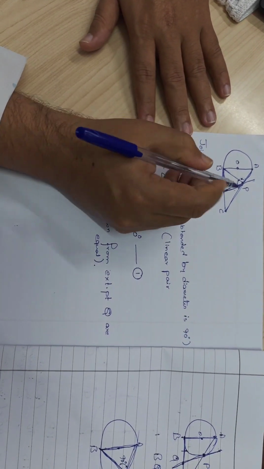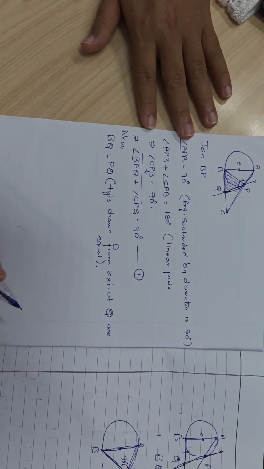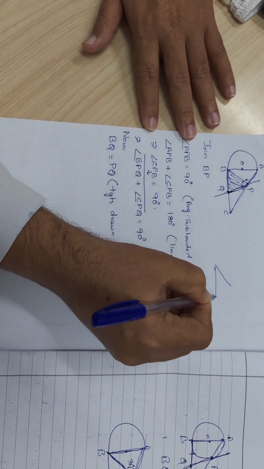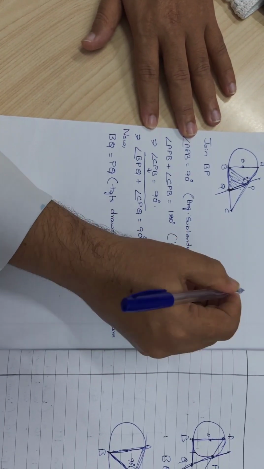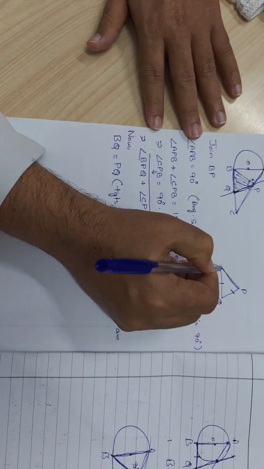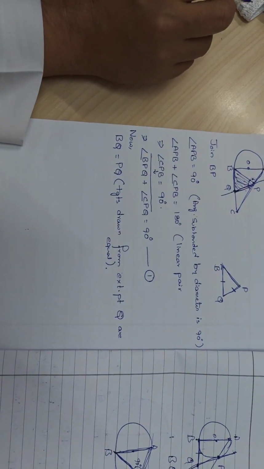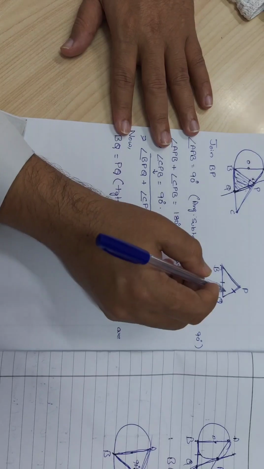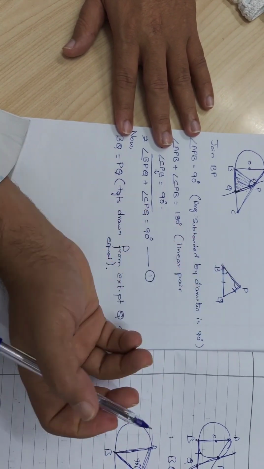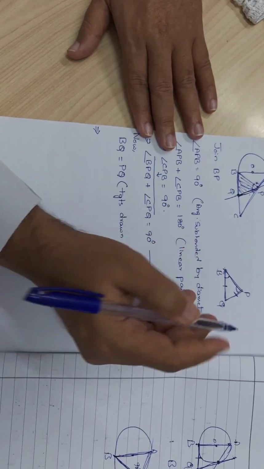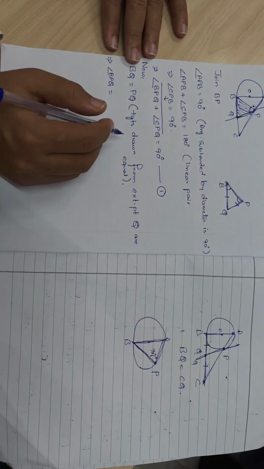See, think about this triangle. What is this triangle? Triangle BQP. I'll draw like this. Let me mark BPQ, and we got BQ is equal to PQ. So in this triangle, if two sides are equal, what is this triangle called? Isosceles triangle. What is the property of an isosceles triangle? The angles opposite to equal sides are equal.